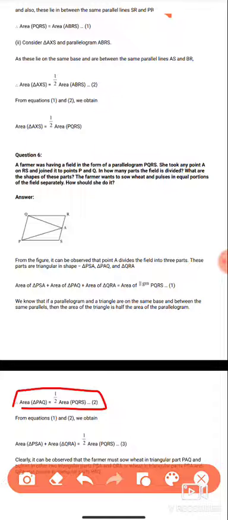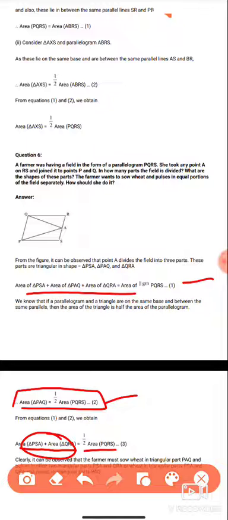Now from equation number 1 and 2, what can you say? So area of PSA plus QRA will be equal to what? Will be equal to half of PQRS. Because PAQ is equal to half of area of PQRS, so these two also will be equal to half of area of PQRS, because all these together are equal to area of parallelogram PQRS.